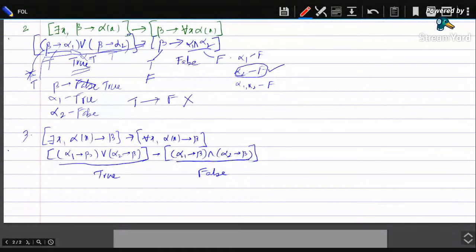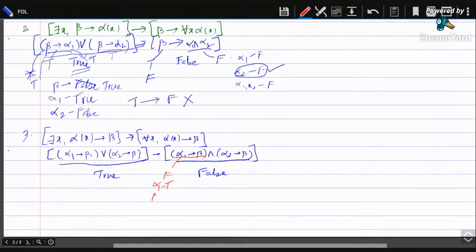So let me assume that this is false. For making this false, what is required? The left hand side should be true, the right hand side should be false. So alpha 1 is true and beta is false. Only then does alpha 1 implies beta become false. Done.